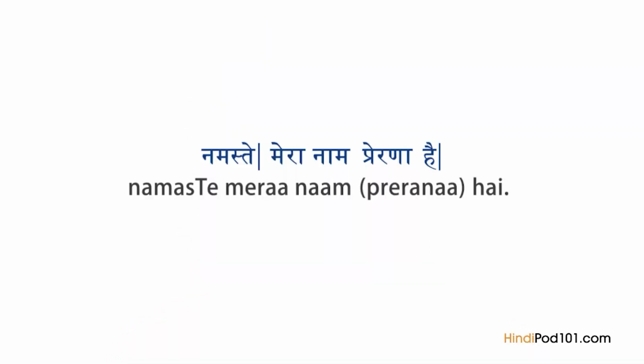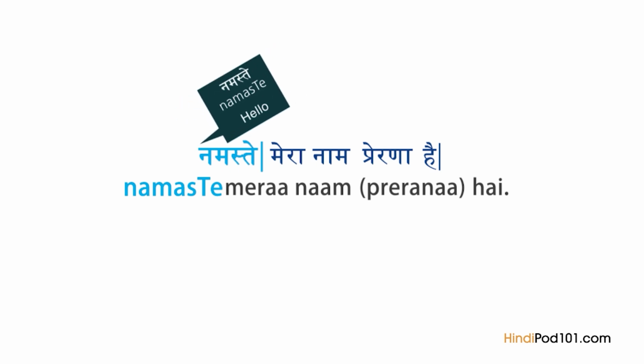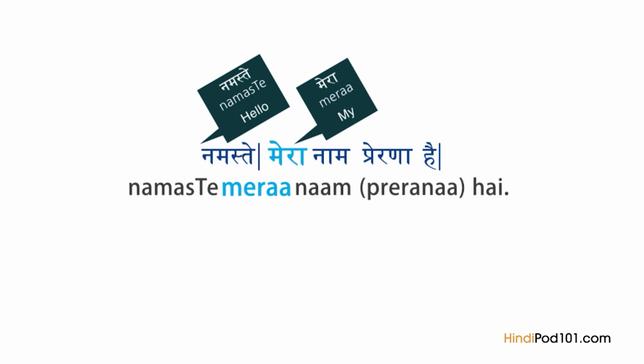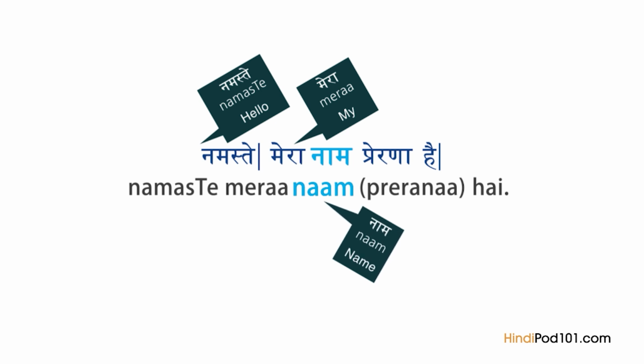Let's take a closer look at the first sentence. The first word is Namaste. Namaste in Hindi is equivalent to hello, which can be used at any time of the day. Next is Mera. The word Mera means my. This is a way to refer to yourself, which can be used by both men and women. Next, we have Naam. The word Naam means name.